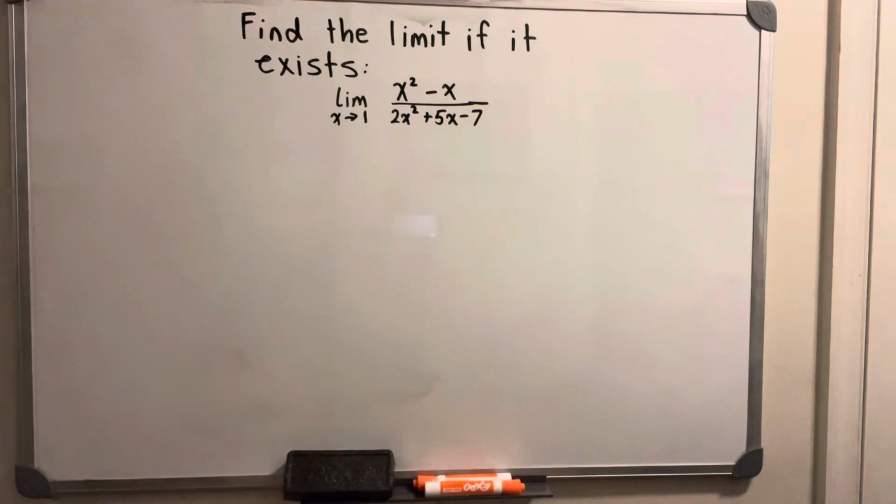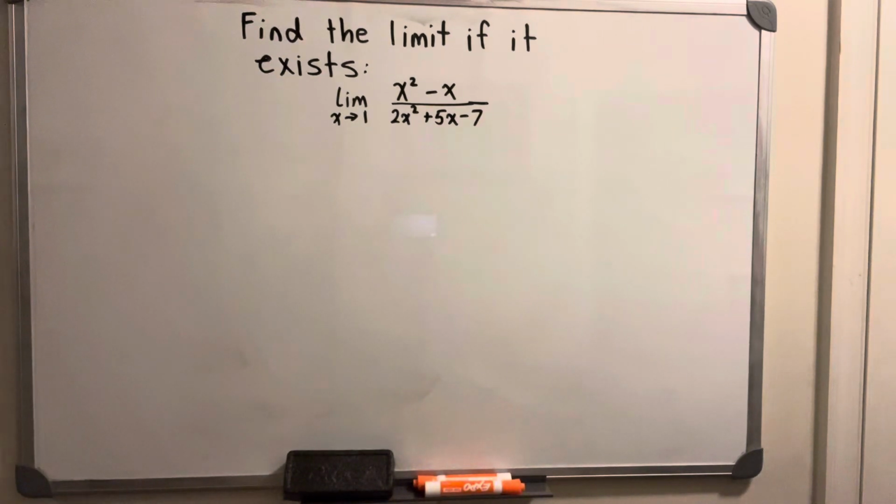But you'll notice if we plug in x equals 1, the function comes out to 0 over 0, which is undefined. So this function is undefined right at x equals 1. So we have to figure out a way to evaluate this as x approaches 1.